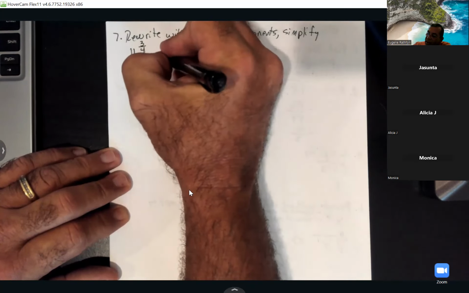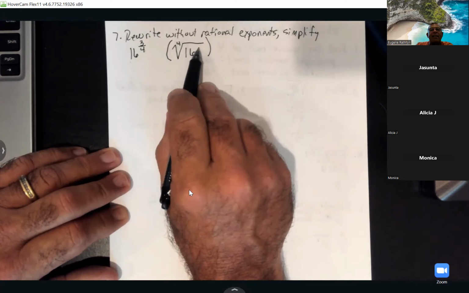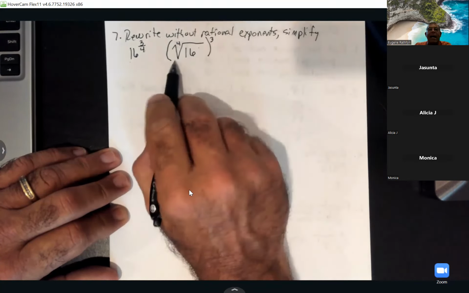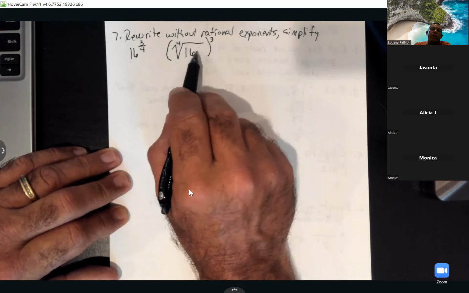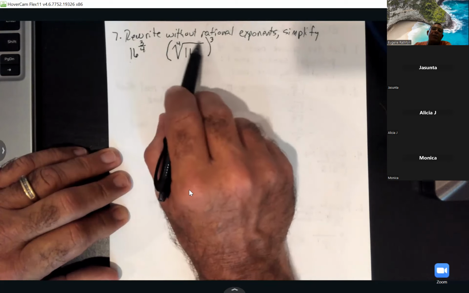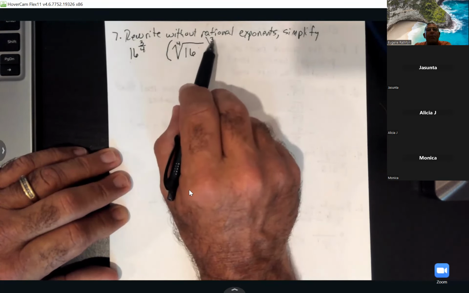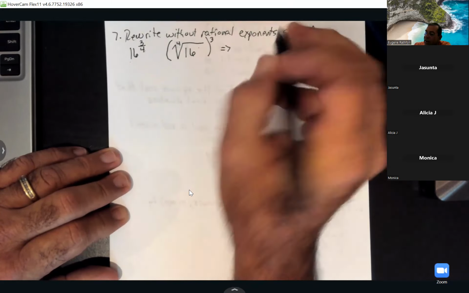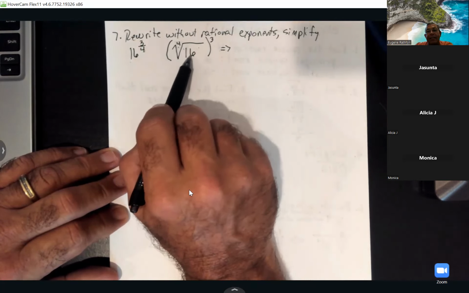But y'all, then, instead of putting my exponent 3 by the 16, I'm going to put the exponent 3 to the outside of the parentheses. So either way works. But when you got numbers, it's easier to take the roots first and then apply that exponent. So what number times itself 4 times equals 16?